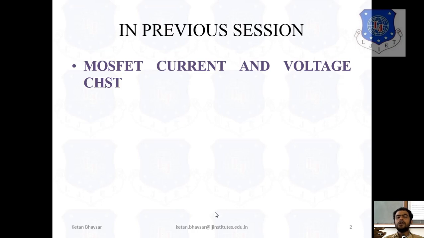ID is equal to mu n COX by 2 W by L into 2 into VGS minus VTO into VDS minus VDS square. And when we're talking about saturation region, then we directly take mu n COX by 2 W by L VGS minus VTO whole square.